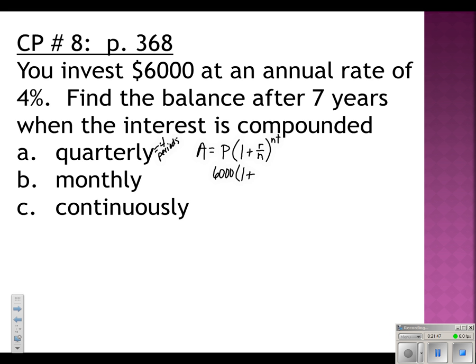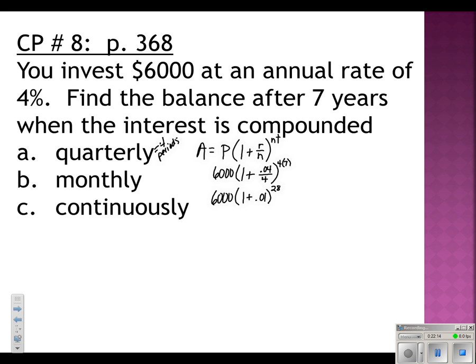So my principal is 6,000. 1 plus, change your percent to a decimal, 0.04. My number of periods is 4. And I'm going to raise that to the nt. Well, n is still 4. My time is 7 years. So I end up calculating 6,000 times 1 plus 0.01 to the 28th power.